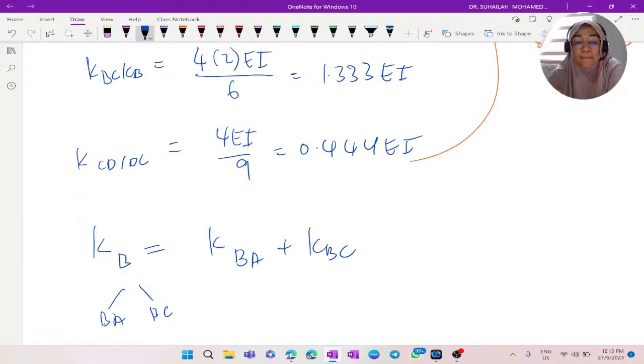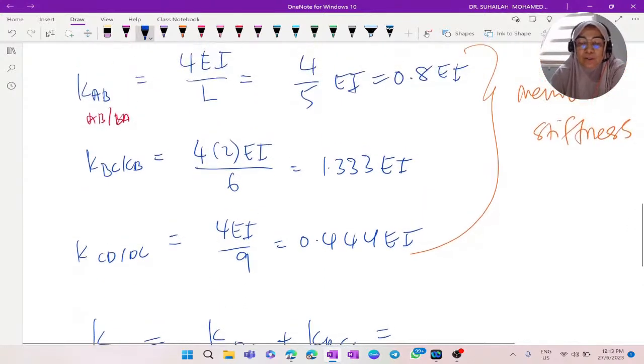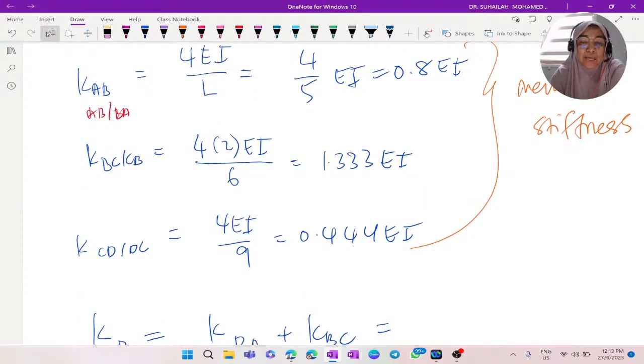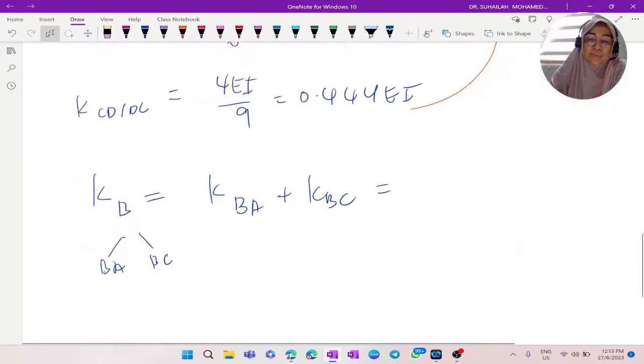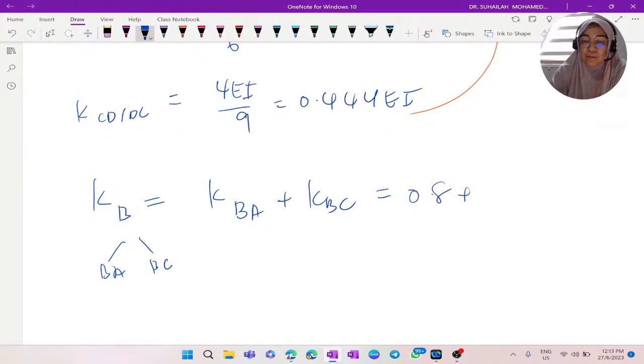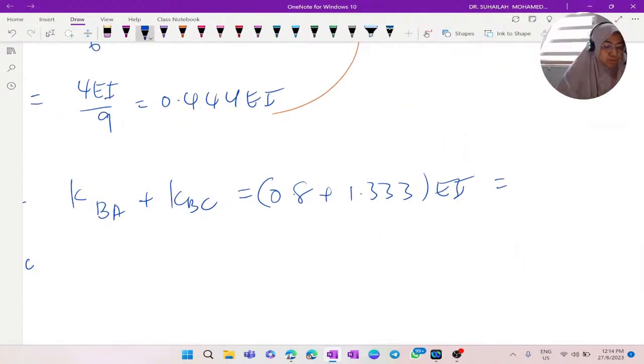So this is equal to 0.8 plus 1.333 EI, which is 2.133 EI.